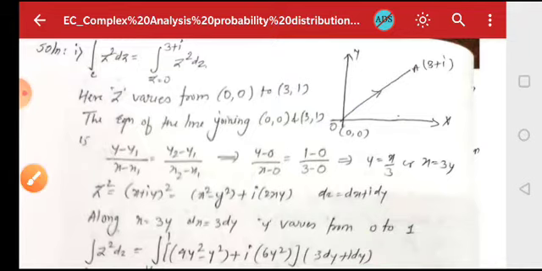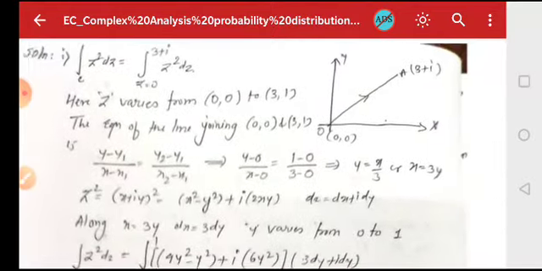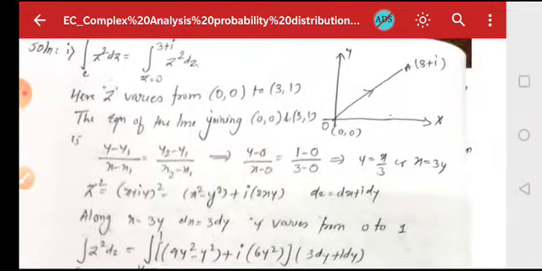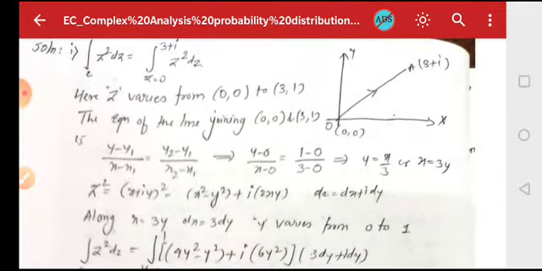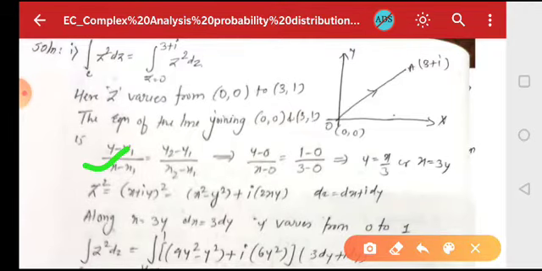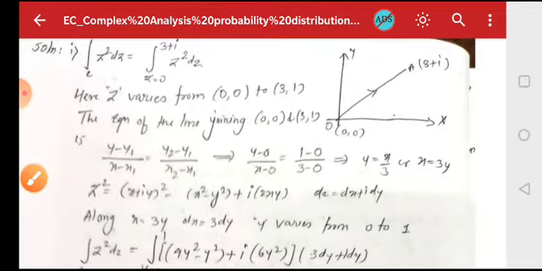Now the equation of the line joining these two points, 0, 0 and 3, 1, is given by, as you know, if x1 y1 and x2 y2 are the two points, then the equation of the line is y minus y1 upon x minus x1 equals y2 minus y1 upon x2 minus x1.